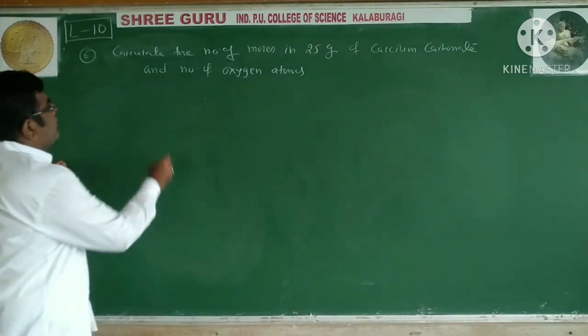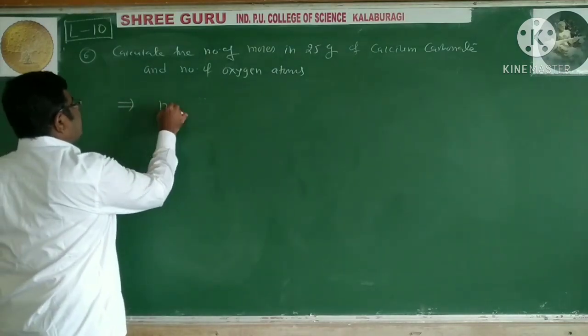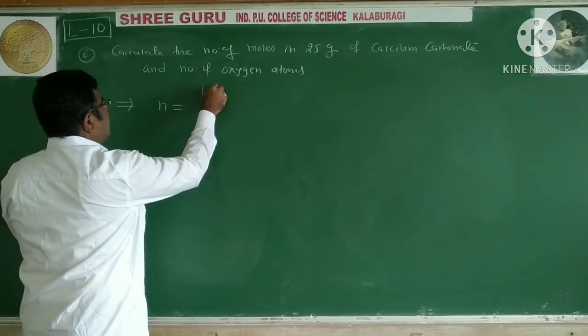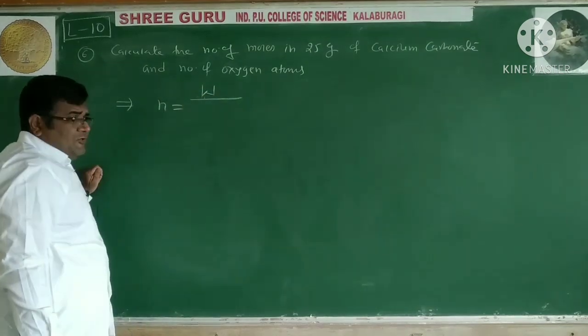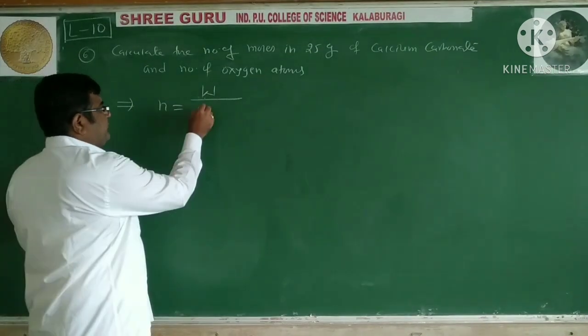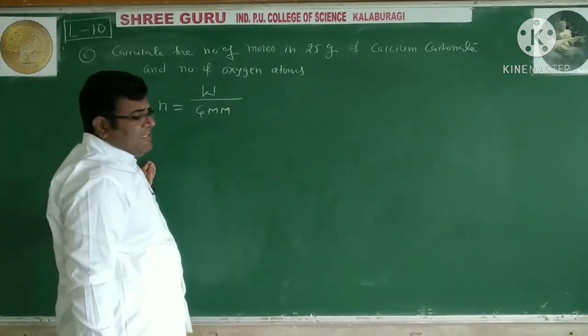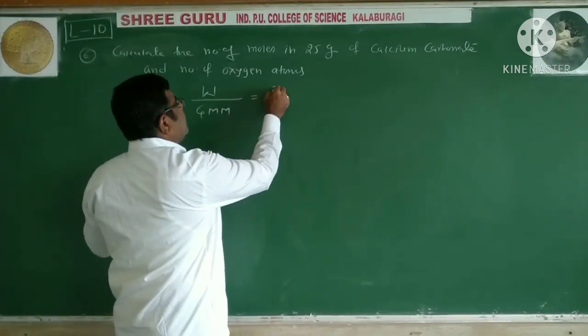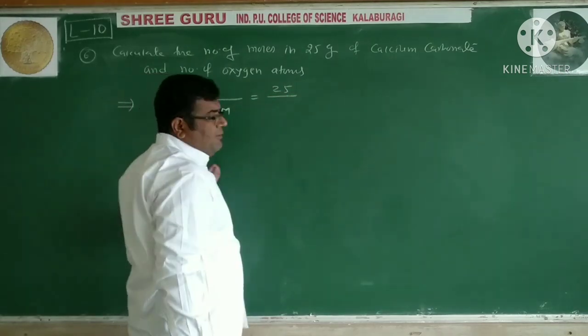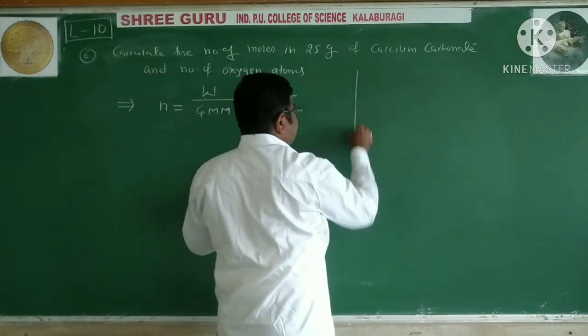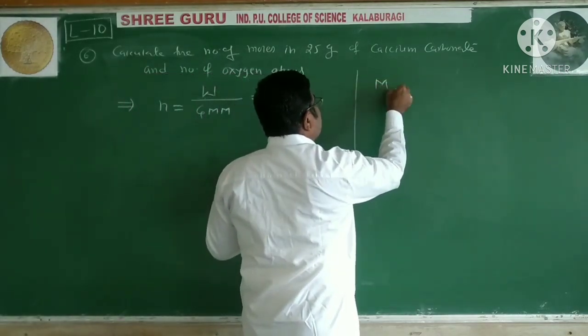So you can first calculate number of moles. Mass of calcium carbonate divided by gram molecular mass. 25 gram is given in the question.